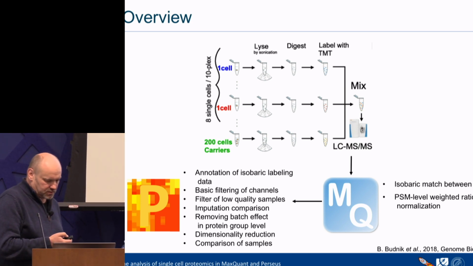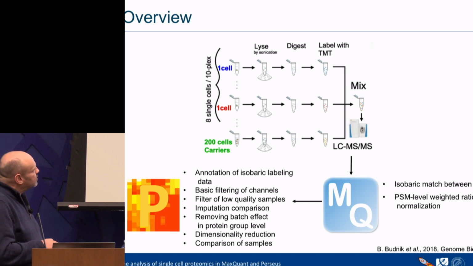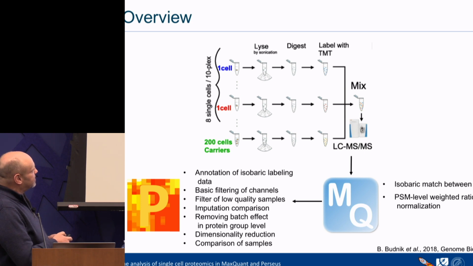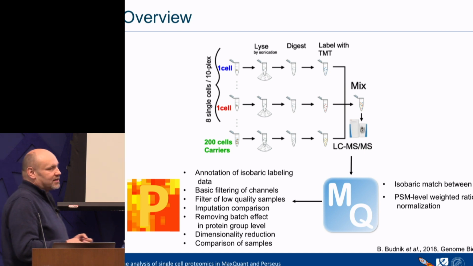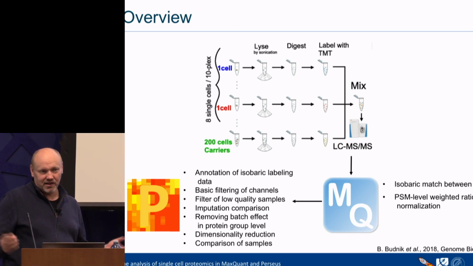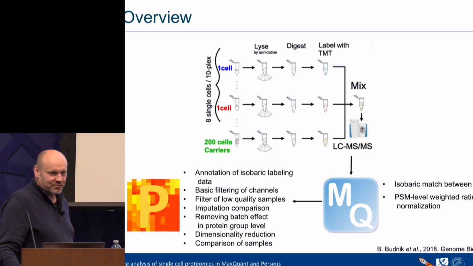Then what will be going into Perseus is basically all the basic stuff that you need to handle huge amounts of TMT batches, which you usually get in single-cell data. So some automated tools for annotating isobaric labeling data. I mean, just get the correct sample names, for example, attached to the different label channels and so on. If you have now hundreds or something like this of batches, it's actually already a non-trivial task to do.